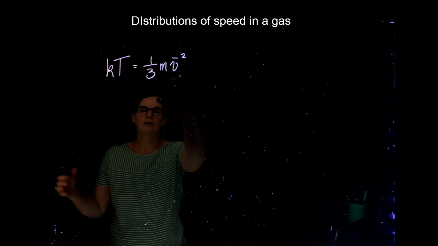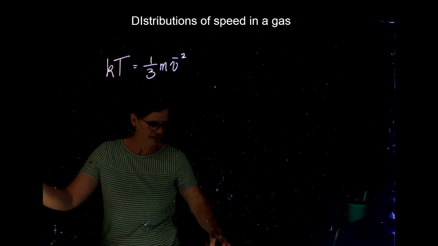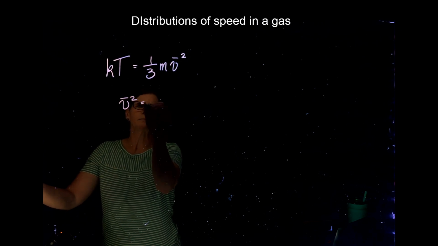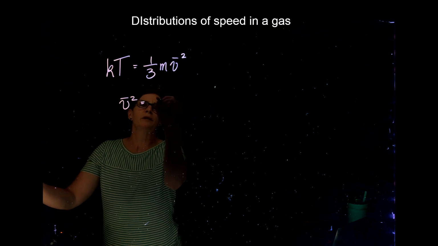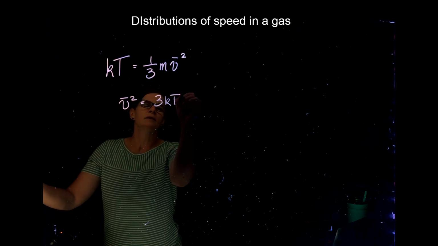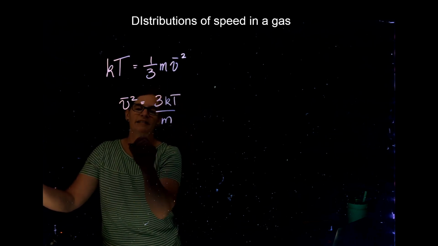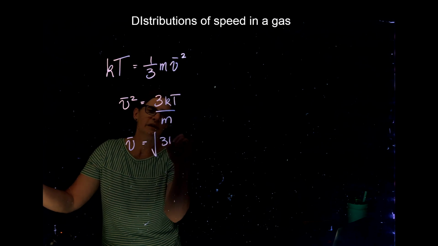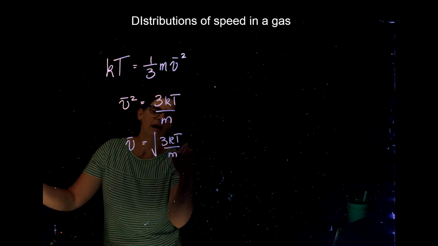So I'm going to solve for average speed just in this relationship. So V squared, average V squared, is equal to 3kT all over m. Of course, if I take the square root, I get the square root of 3kT over m.